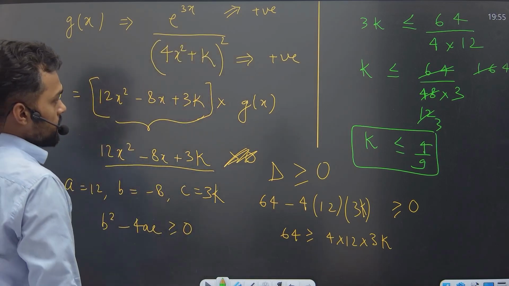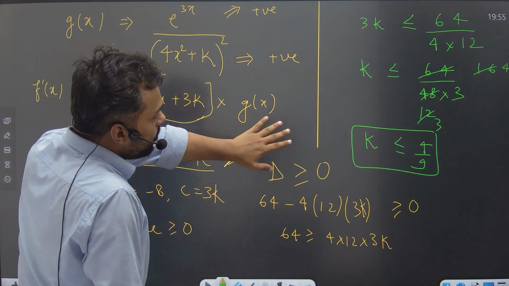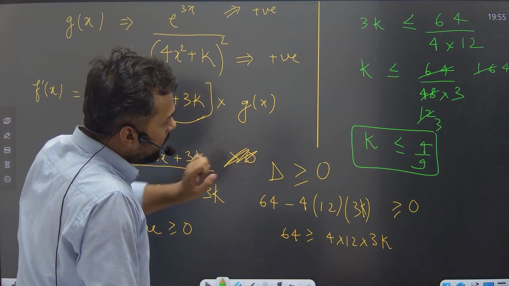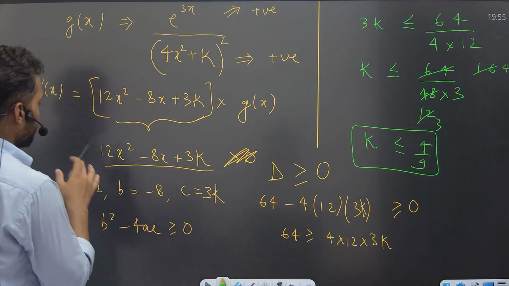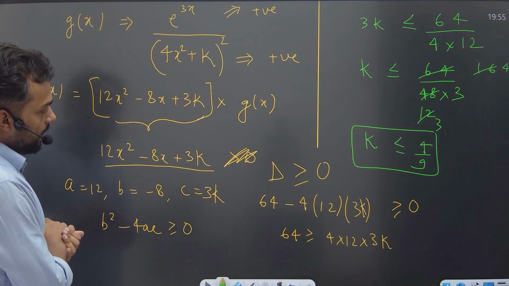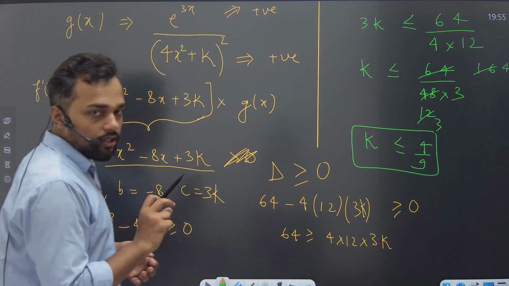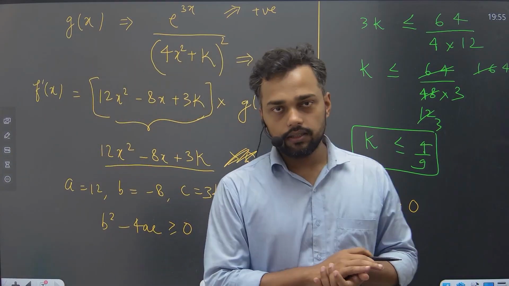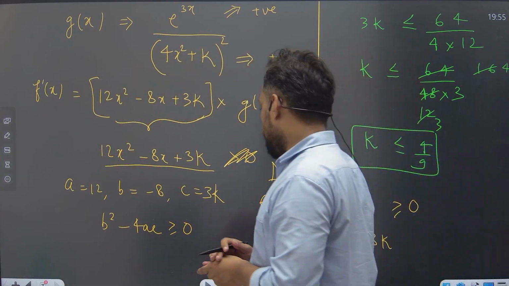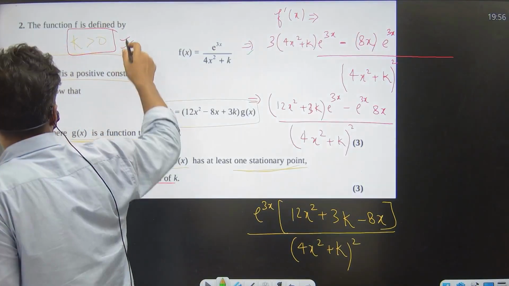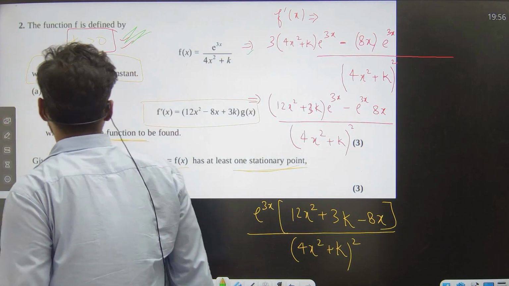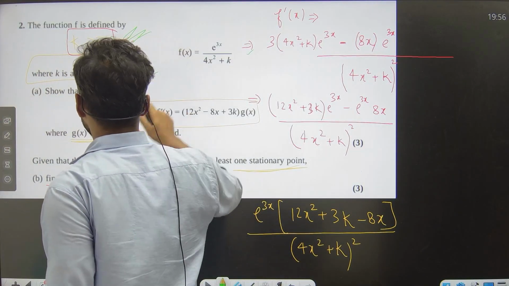So k must be less than or equal to 4 by 9, then only we will be able to find the value of x. And if we are able to find the value of x, then we will be able to find the stationary point. And in the first part I have written here, k must be greater than 0, then only it will be a positive constant.